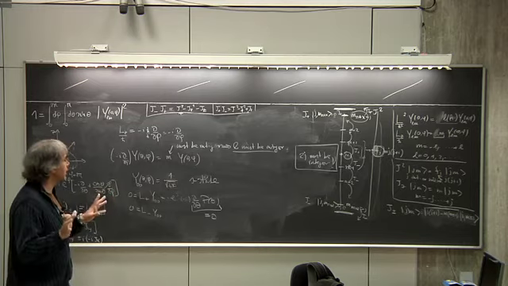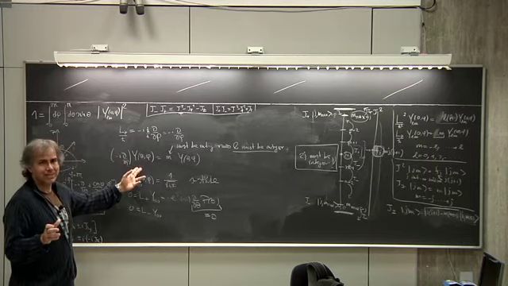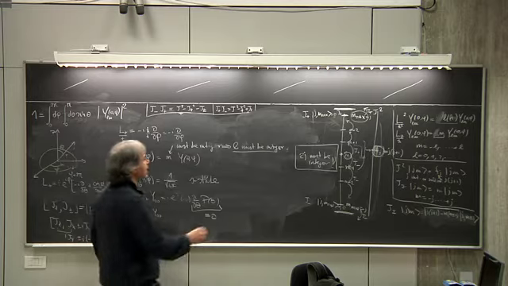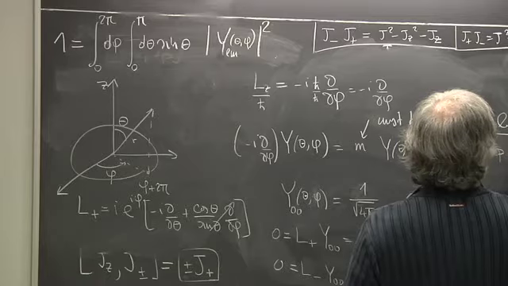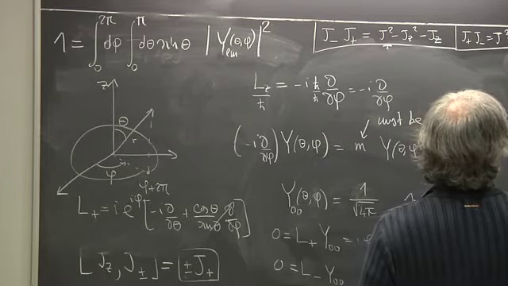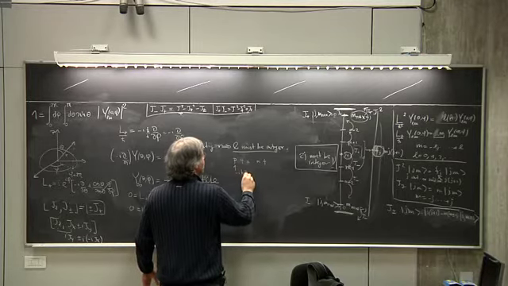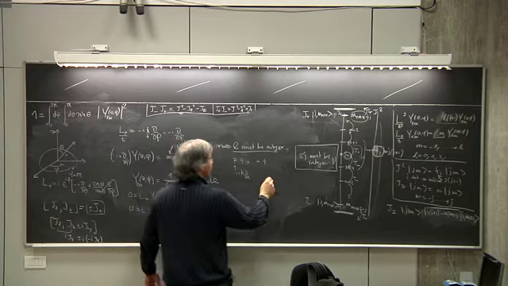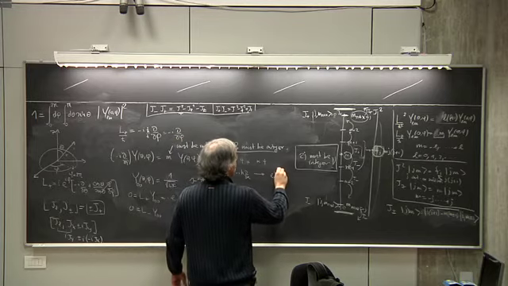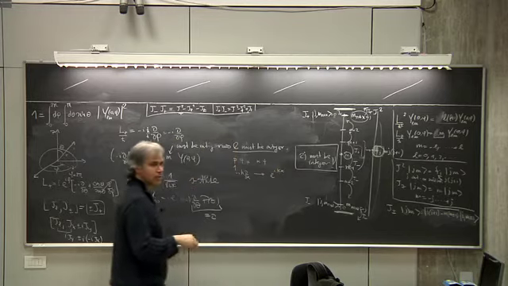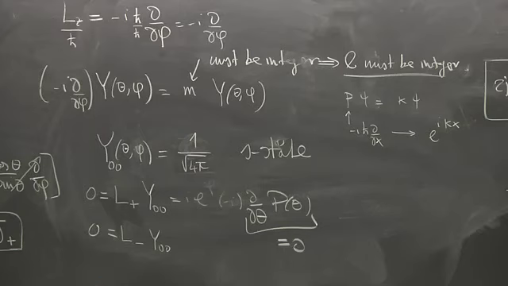I'm just noticing that this equation here is formally the same thing as P psi equal to k psi, okay? Where P is minus i h bar, the derivative with respect to x, which has, obviously, e to the i kx as solution. So formally it's exactly identical.